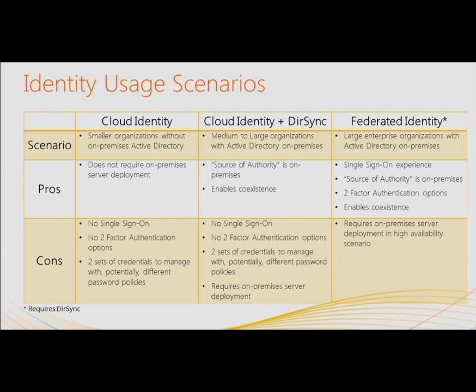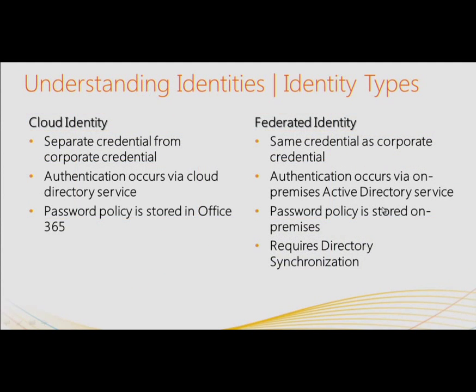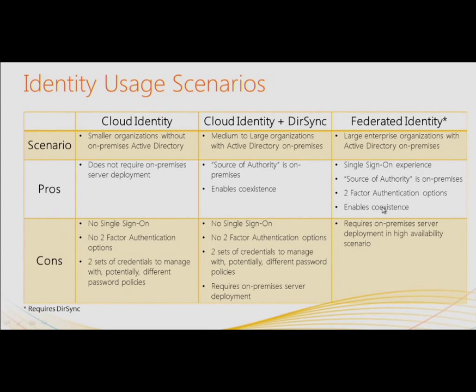All right. So, just to have an overview of the possible ways to manage identity with Office 365, we have three ways to manage identity with Office 365. We will focus in this particular session on the first row here, so cloud identity. With cloud identity, we don't need an on-premise Active Directory.